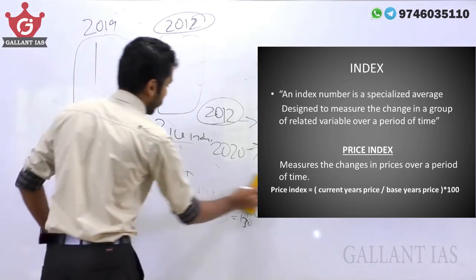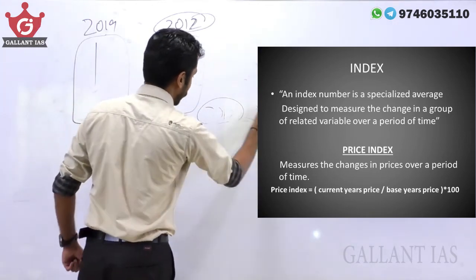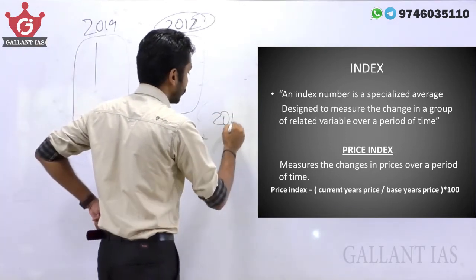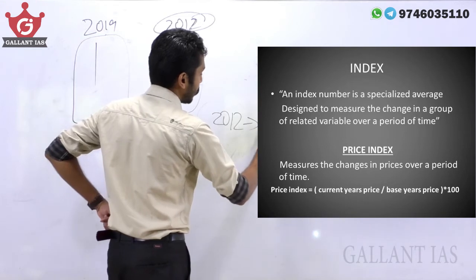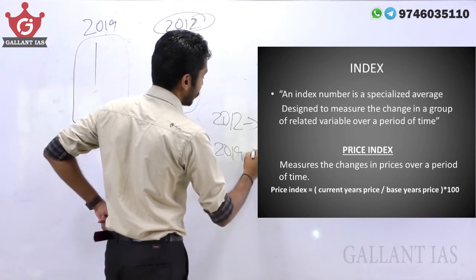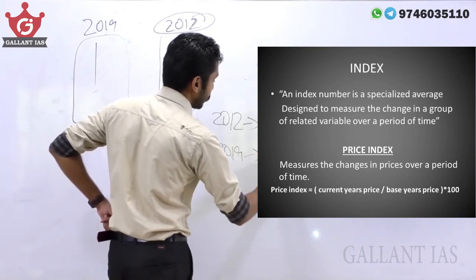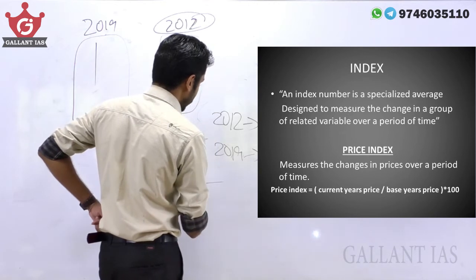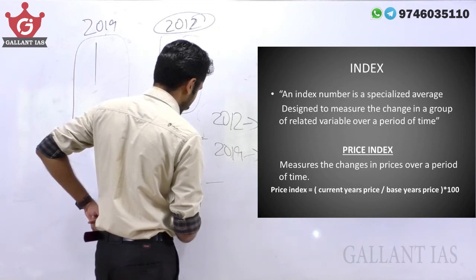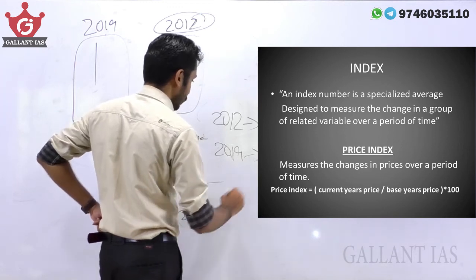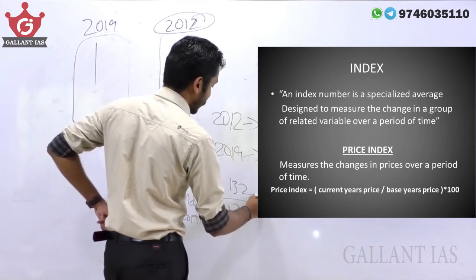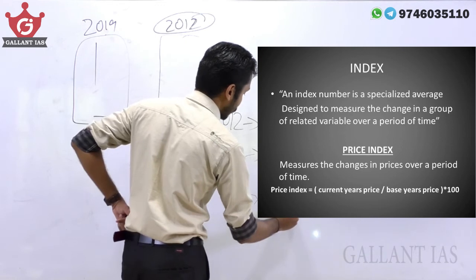If the average price of 2012, the base year, is 120, and the average price of 2019, the current year, is 132, then the price index of 2019 will be 132 divided by 120 into 100, that is 110.